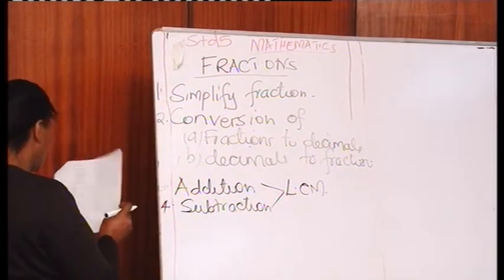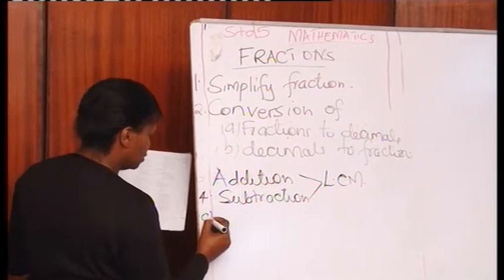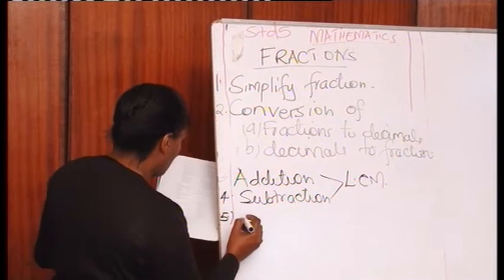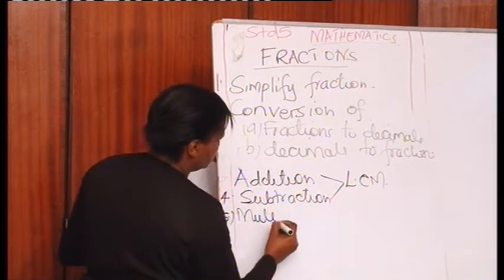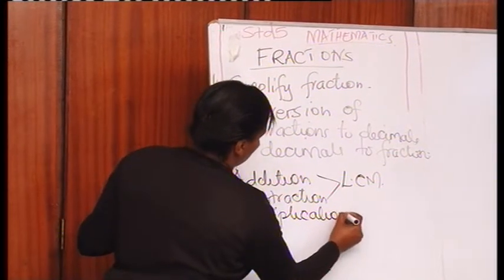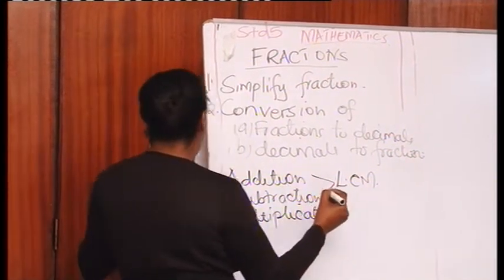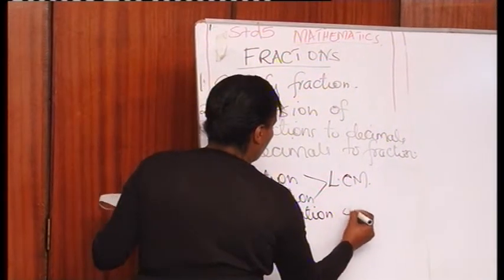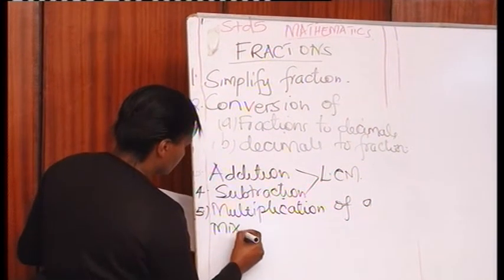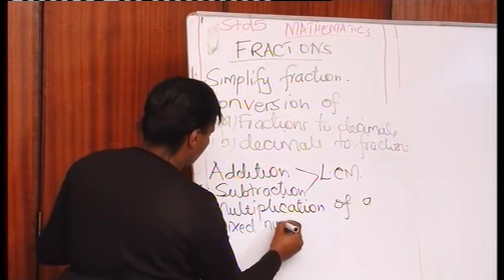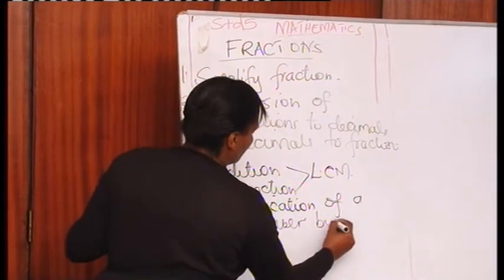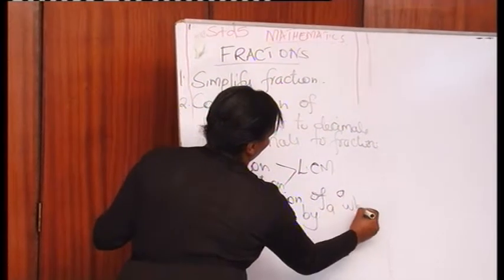Then we'll also do 5, multiplication of a mixed number by a whole number.